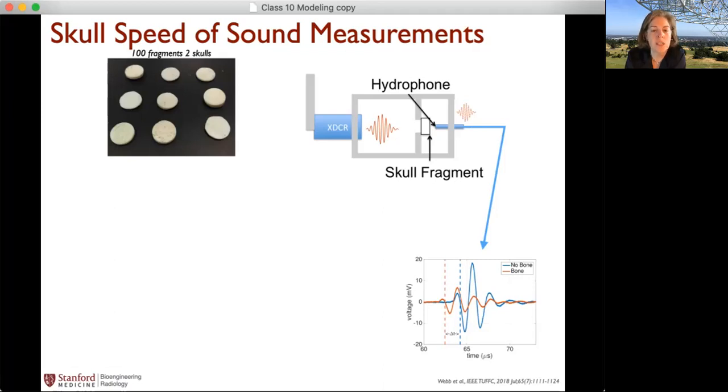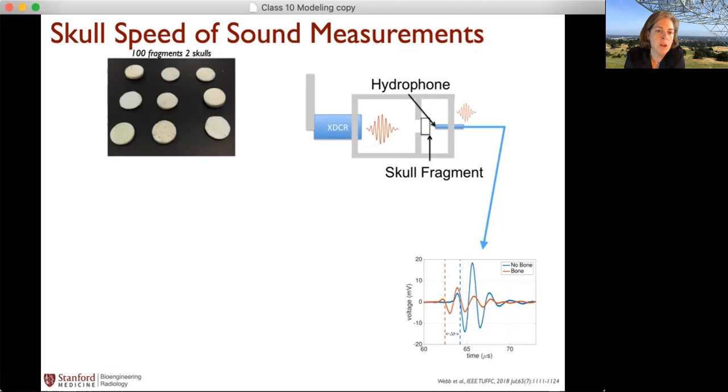And what he did was he said, well, let's make a comparison. We know this was a short pulse and that there's going to be some number of zero crossings of that pulse. So we'll look at the first zero crossing and where that was different with and without the bone. And that difference was the additional time it took to cross the bone as compared to the water when it didn't have the bone. And then from that, he could back out what the speed of sound was in that fragment of bone.